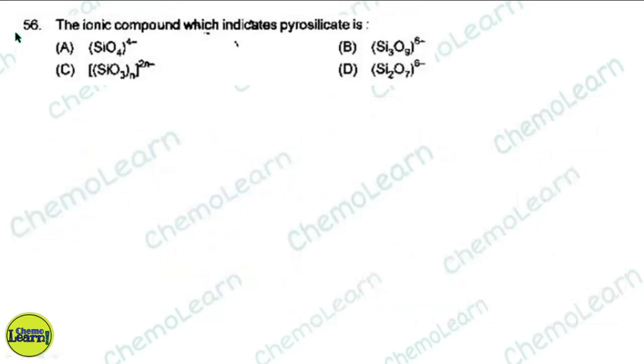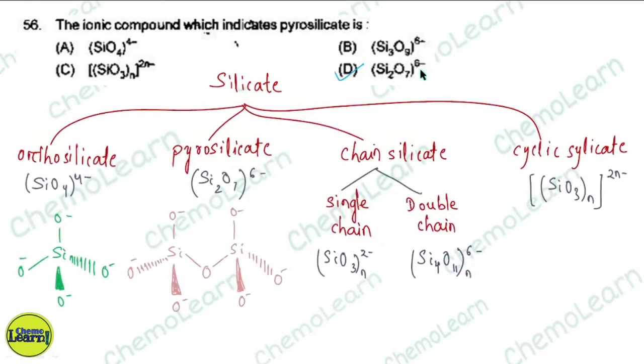Question number 56. The ionic compound which indicates pyrosilicate is what? SiO4 4 minus, SiO3 2 minus, Si3O9 6 minus, Si2O7 6 minus. You know, silicates are categorized into 4 categories: orthosilicate, pyrosilicate, chain silicate, and cyclic.